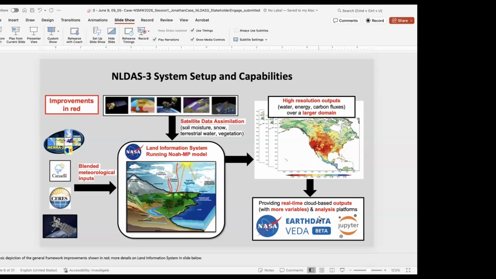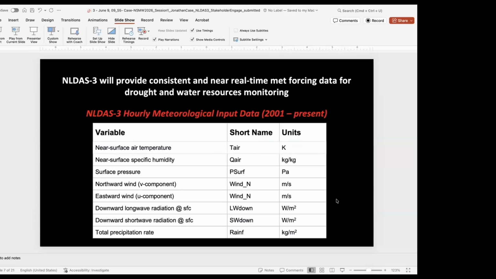And then providing real-time cloud-based outputs, co-developed applications and interactive applications that can more easily benefit the end user community. So NLDAS-3 will provide consistent near real-time meteorological forcing data for drought and water resource monitoring. Our period of record is 2001 to present, and we currently have these core meteorological input data sets that drive the land model at hourly frequency.